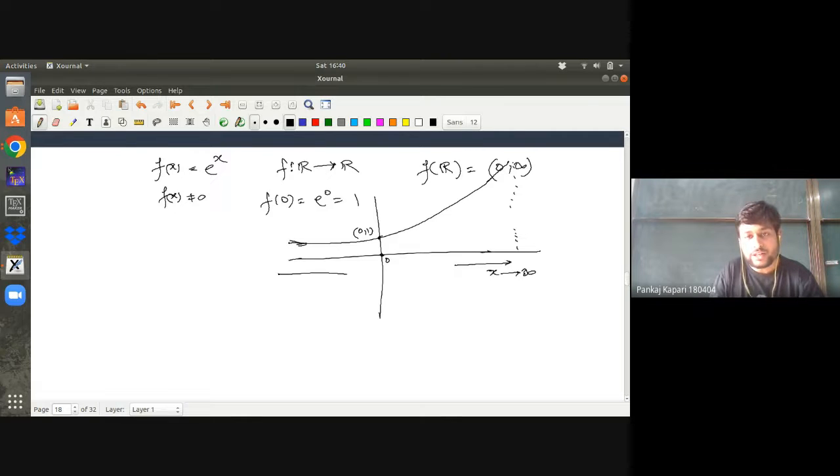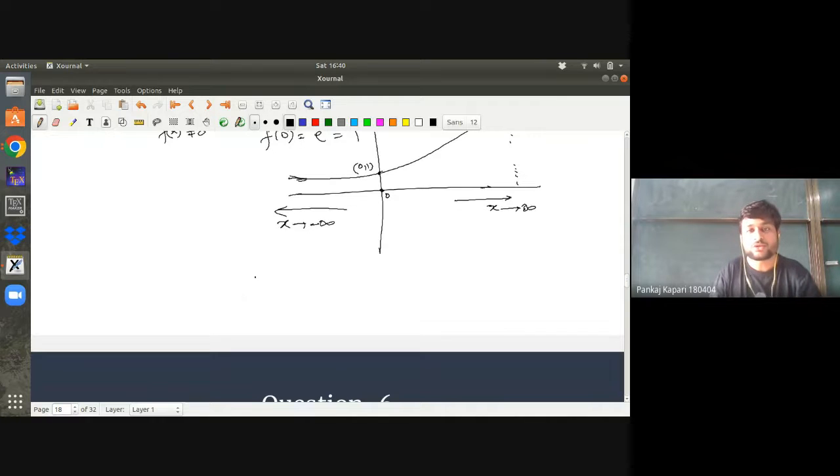When x goes to minus infinity, the functional values become 0, because it is very close to the x-axis. So we have these limiting situations: the limit as x goes to infinity of e to the power x is infinity, and the limit as x goes to minus infinity of e to the power x is 0.